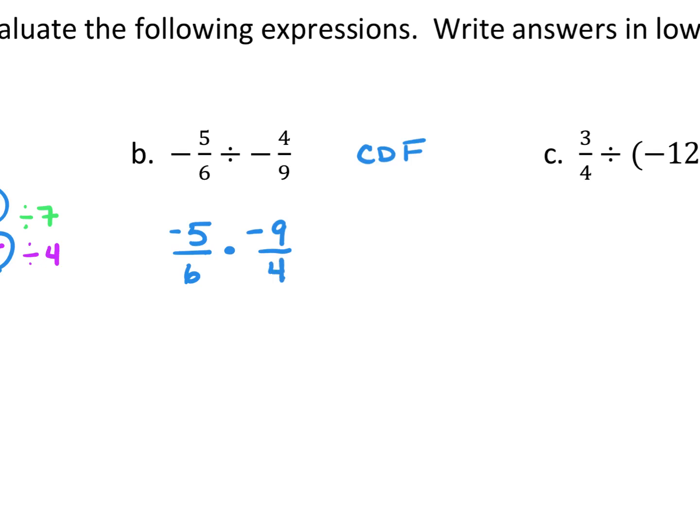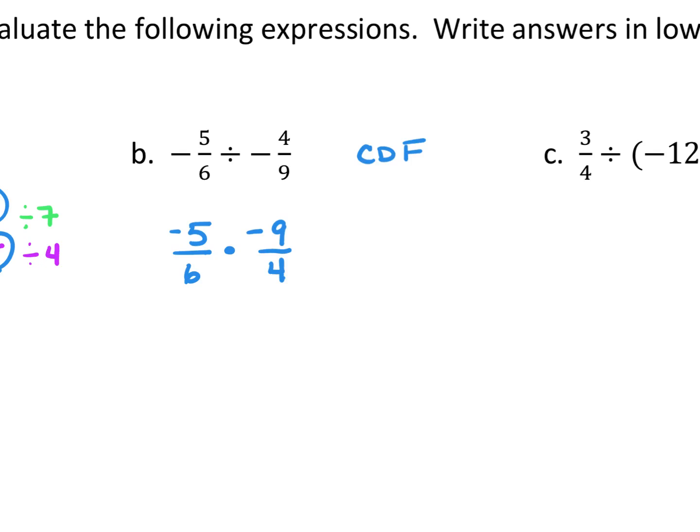Now again, as I mentioned previously, I always like putting my negatives in the top so that they are on the same level. It ultimately does not matter where you put them. We'll see this when we get to our final answer.